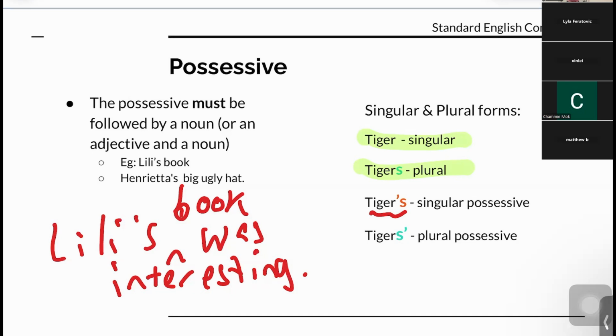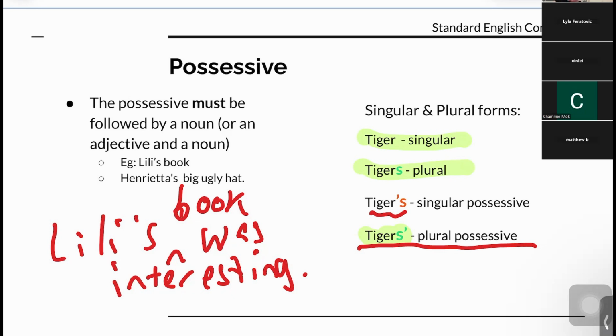If you have a plural noun that ends in an S, you put the apostrophe after the S. So this last example, tigers apostrophe, is what you do where a plural noun has an S at the end of it. You just put that apostrophe after the S.